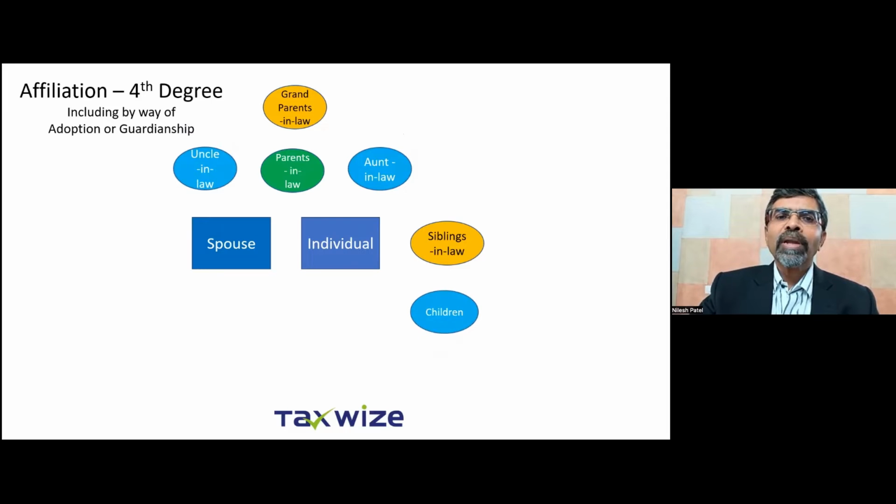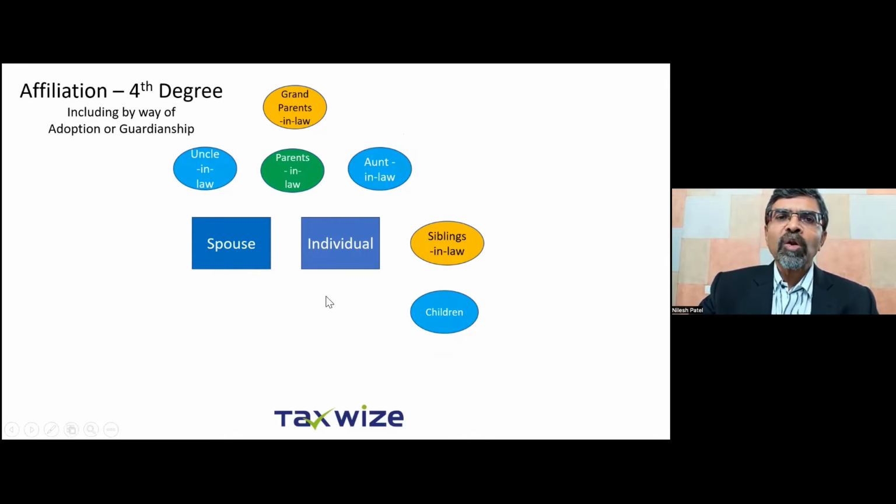The third degree of relatives by affiliation are uncles-in-law, aunts-in-law, and children of my wife's siblings. They are my third degree relatives by affiliation.